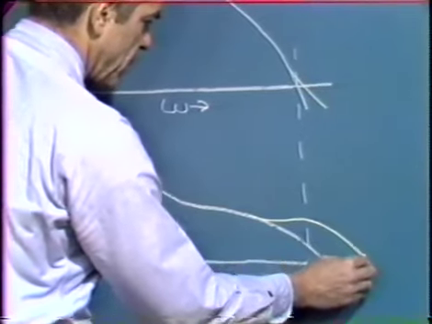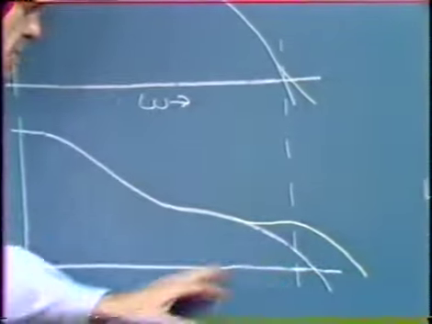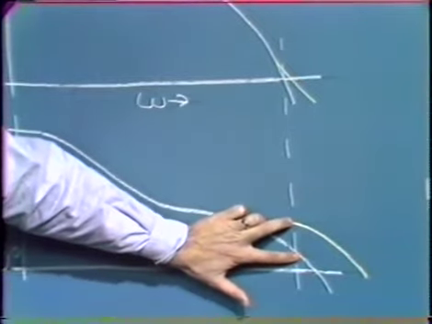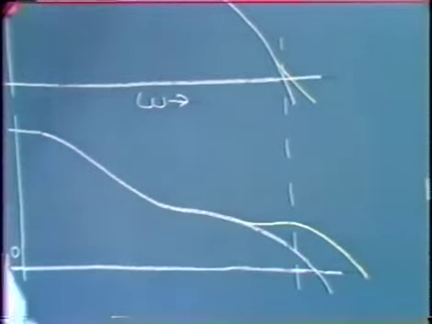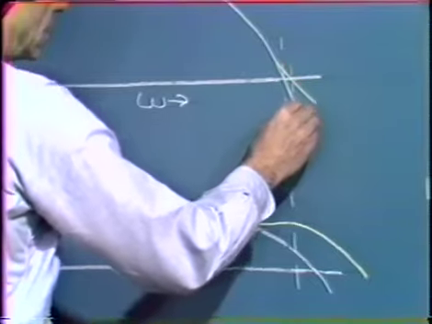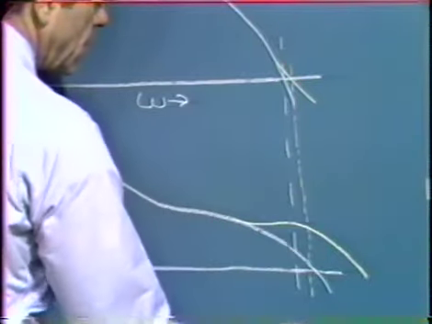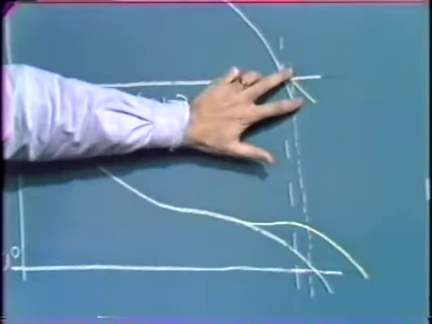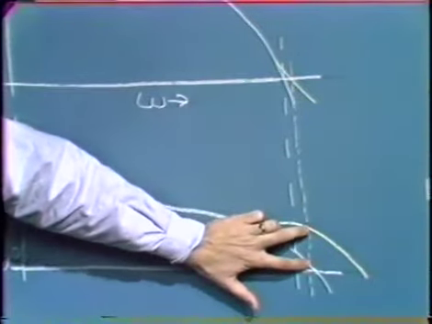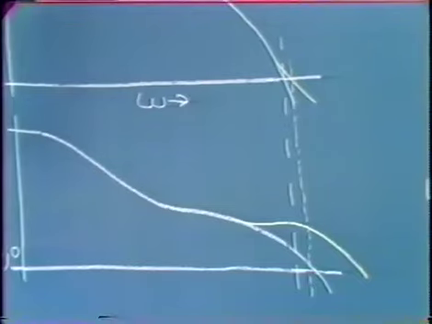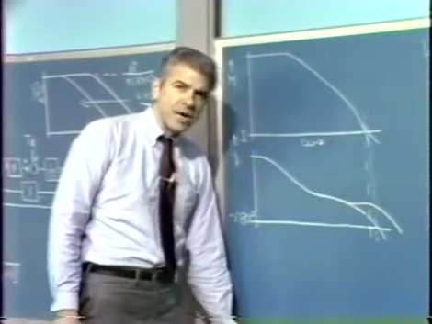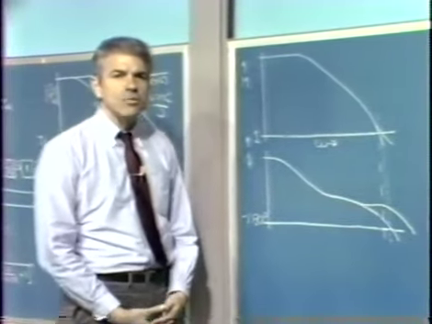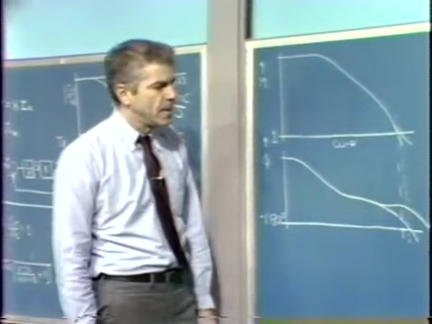Eventually it drops off again, but our hope is that we can get enough positive phase shift in the vicinity of crossover. Notice here crossover's increased just a little bit. But the hope is that we've gotten appreciable positive phase shift in the vicinity of crossover so that we improve the phase margin of our system, consequently its relative stability. So that's one kind of modification we might like to make to the loop transmission of our feedback system.